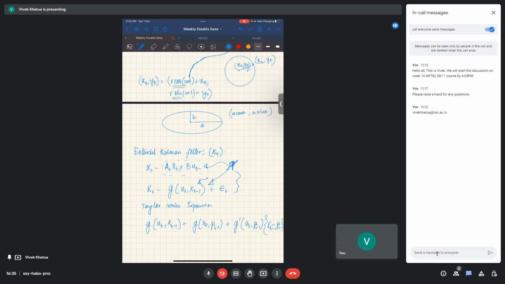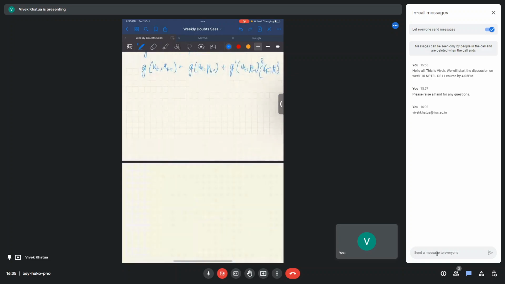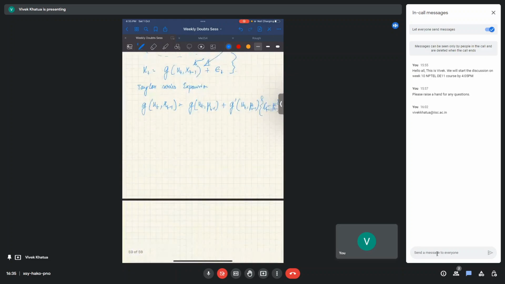So this is going to be my linearized expression. Approximately, this is a linearized expression of g of ut, xt minus 1.